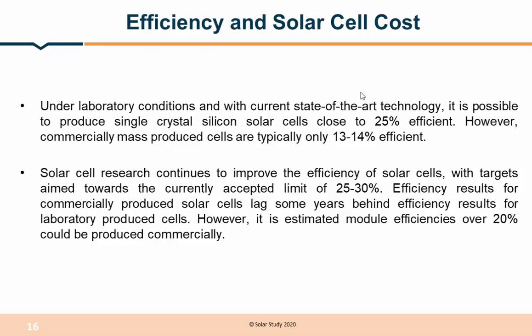So by using this research we can get efficiency up to 25 to 30%. In laboratory conditions people are producing much higher efficiency solar cells. Now, from around 2020 to 2025, we can get 20% efficiency solar modules available.